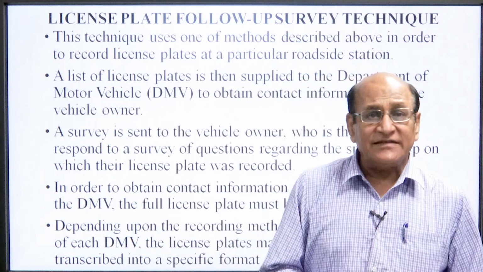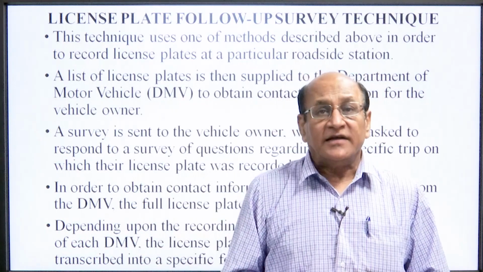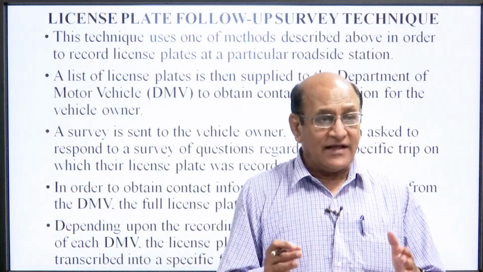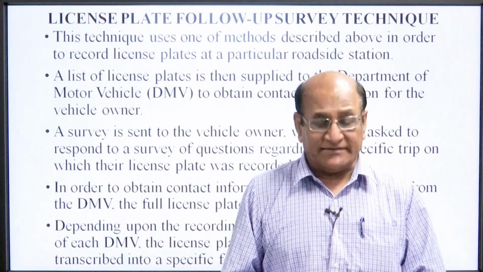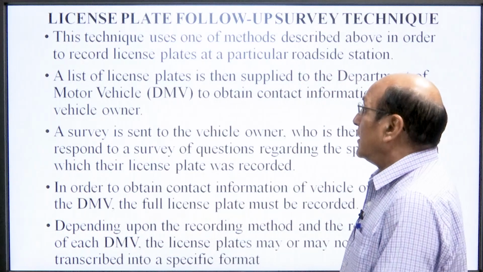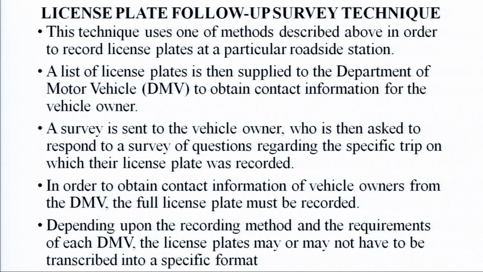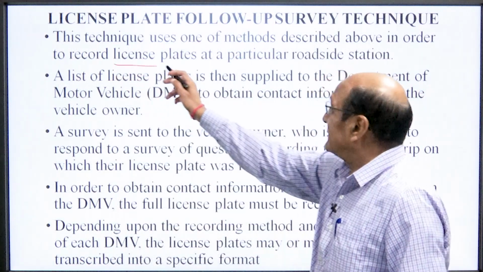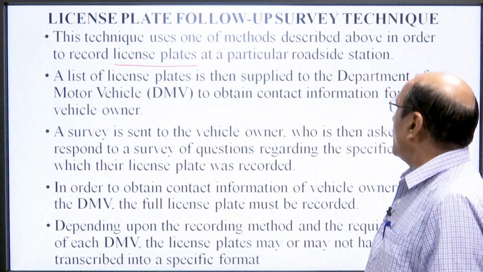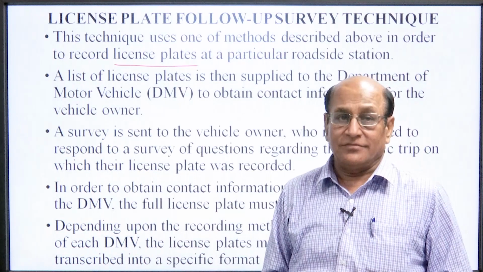Then the license plate follow-up survey technique. This is a continuation of the previous type. This technique uses one of the methods described above in order to record license plates at a particular roadside station.